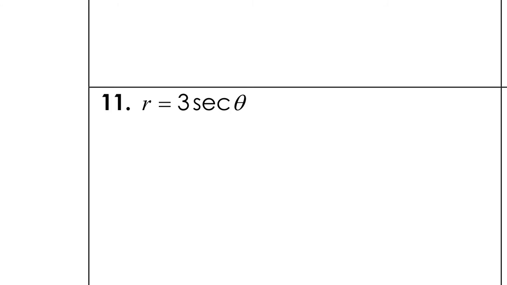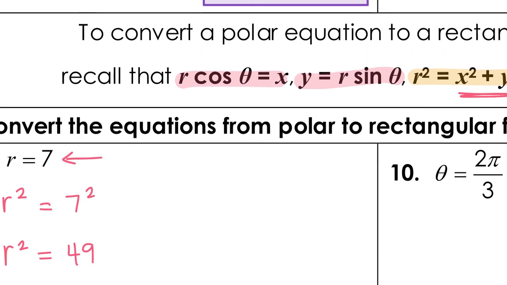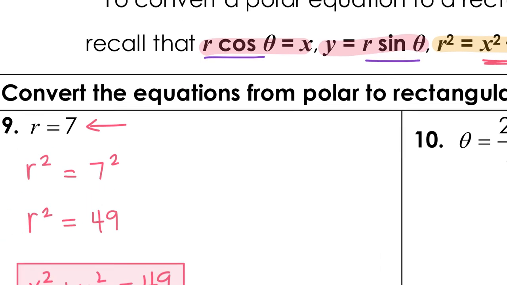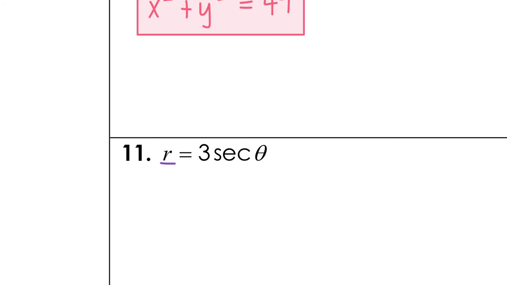Okay, so let's do this. See these equations up here? r cosine theta, r sine theta. Right now, I just have r. So if I were to multiply it by either sine or cosine, that should help me out a little bit. But which one do I multiply it by?